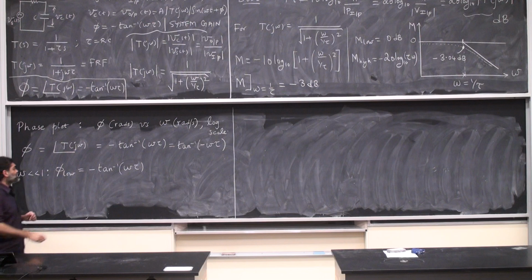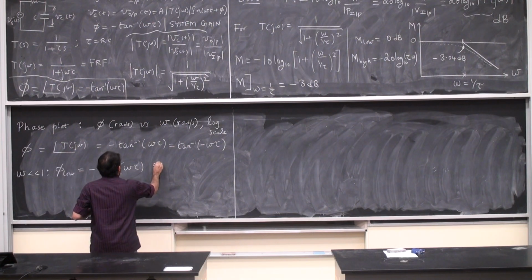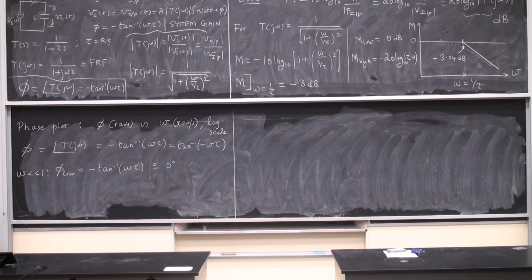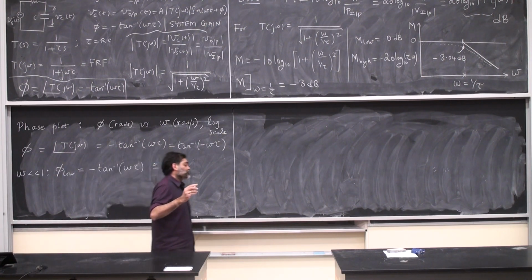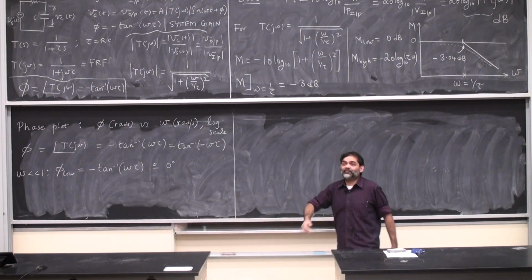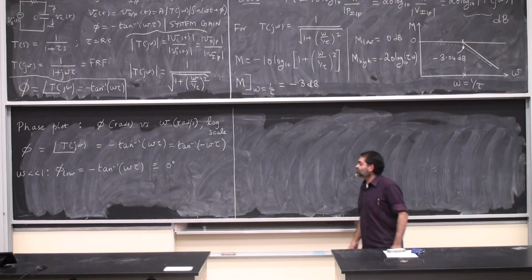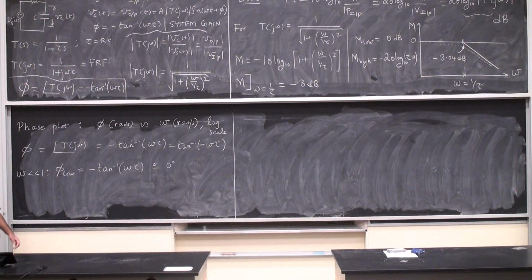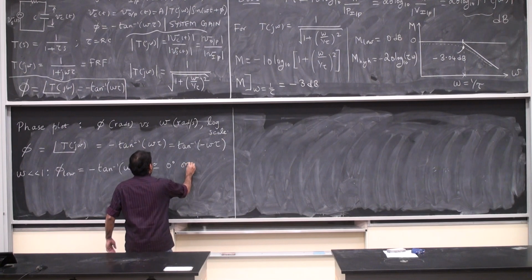So this is approximately 0 degrees, okay, because omega is very, very small. Sometimes people also call this pi radians or 180 degrees, but I will stick with 0 because it is convention typically to start from 0 for a low pass filter. So this is 0 degrees or 0 radians.